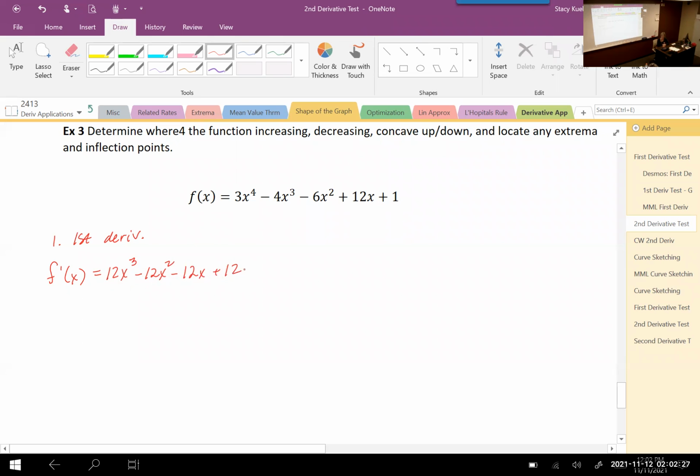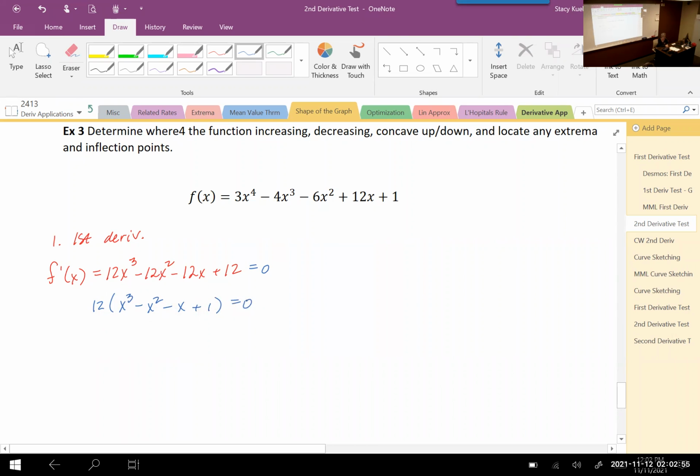It's the first derivative, right? Let's set it equal to 0 then and solve. What are you going to do there? Maybe we should factor a 12 out of all of that stuff, right? Let's try that. 12 gives me x cubed minus x squared minus x plus 1.